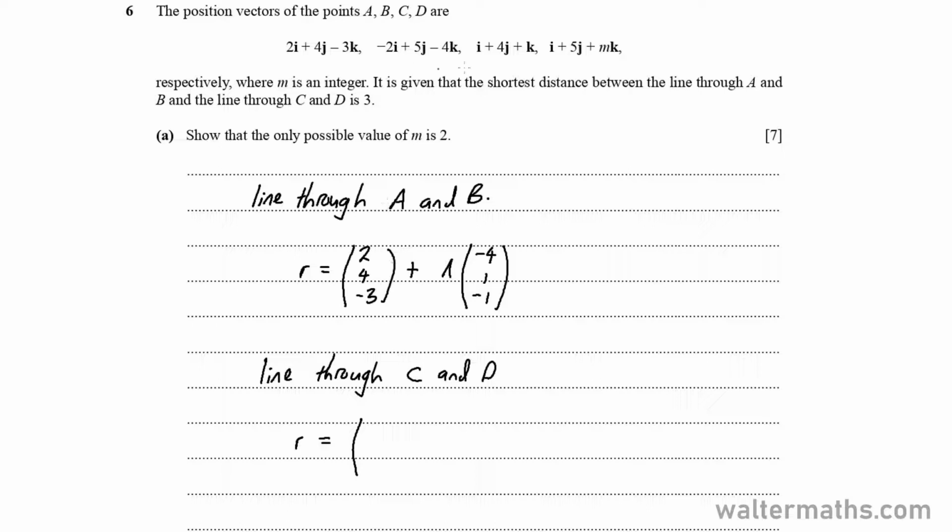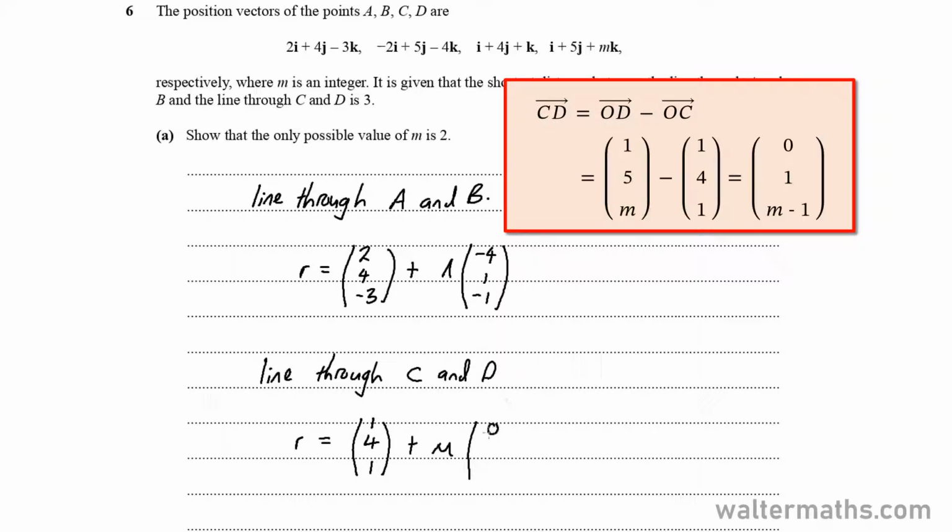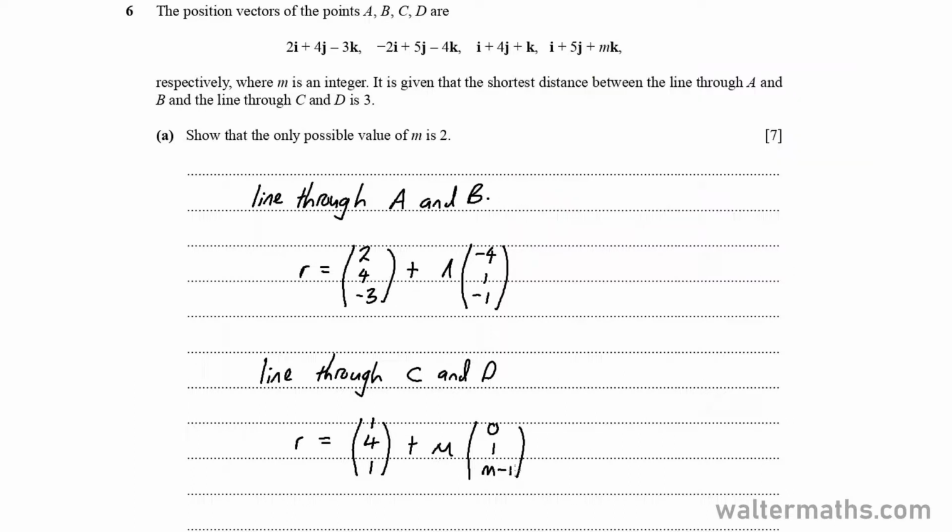Let's take C. So the coordinates of C are (1, 4, 1) in column vector form, and it's plus mu of the direction vector of CD. So CD is equal to OD minus OC, and that's going to give us (0, 1, m minus 1). So we now have the two vector equations of the lines.